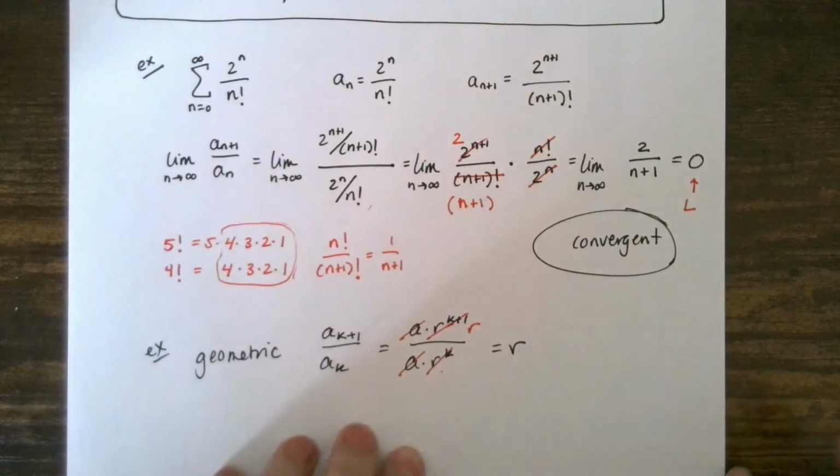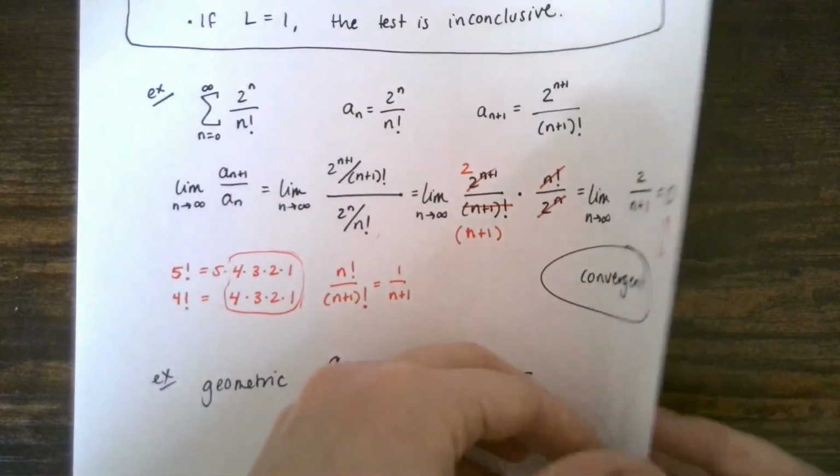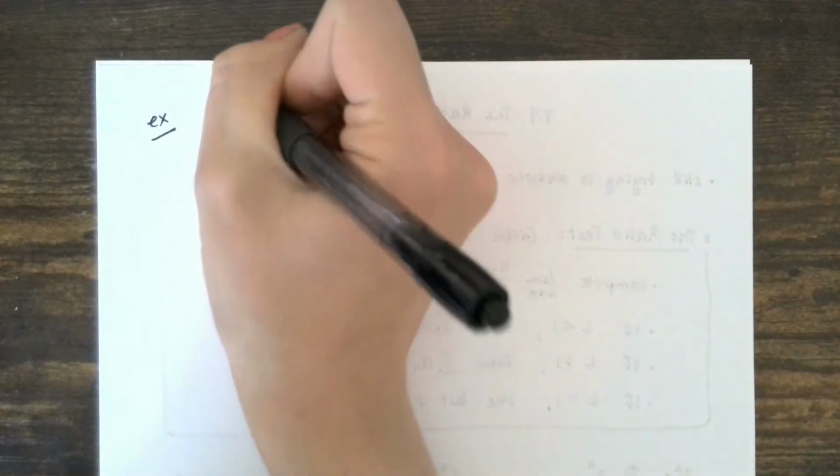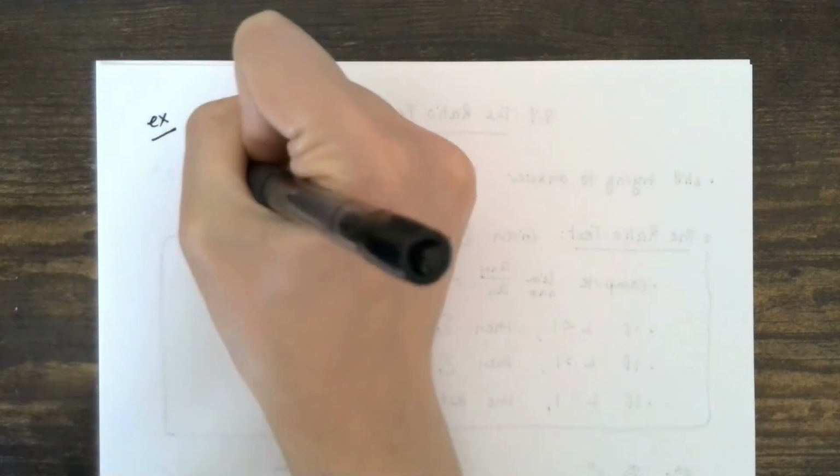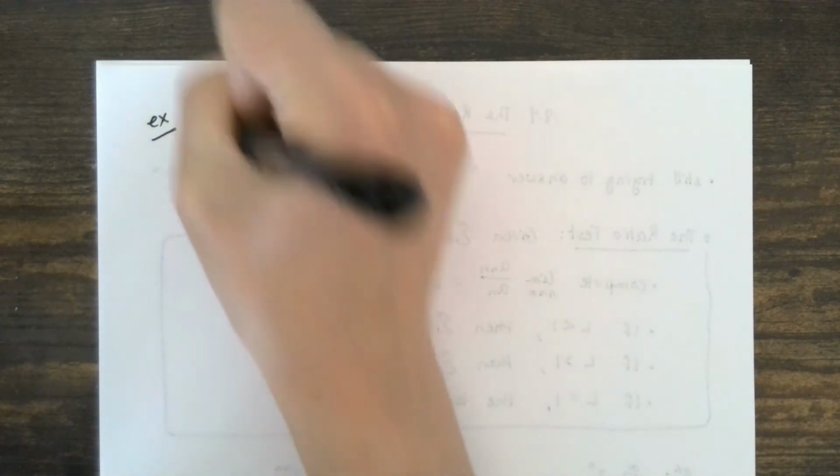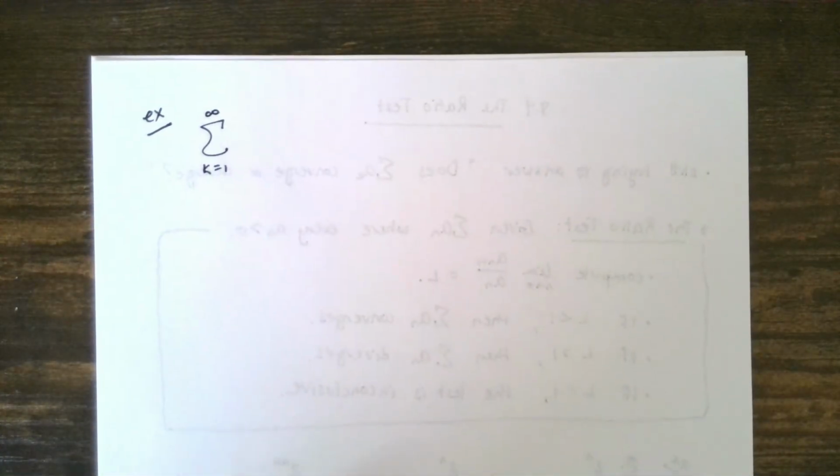Okay, so the second series that we will use in this video is the sum from k equals 1 to infinity. And I'm switching to k on purpose so that we get the hang of using whatever letter is there.